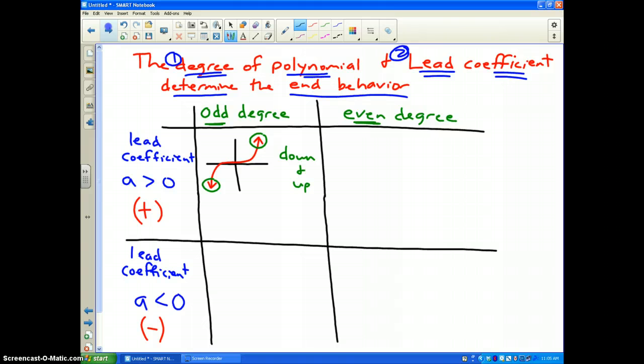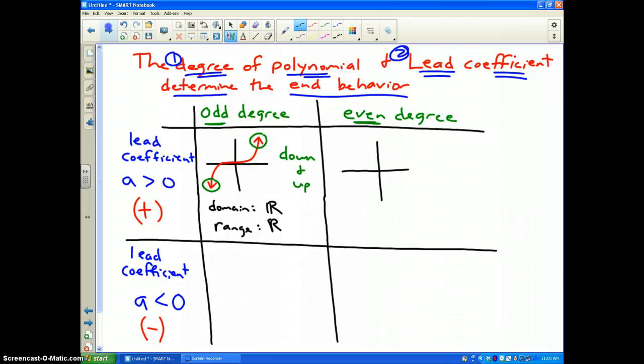For these particular graphs, the domain is all real numbers, and your range would be all real numbers. So if the lead coefficient's positive and it's odd degree, your graph will look similar to what I described.